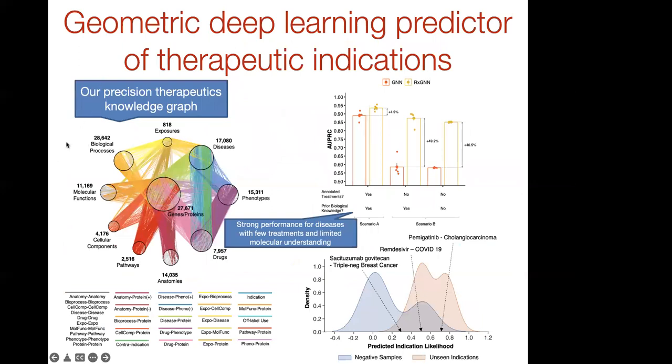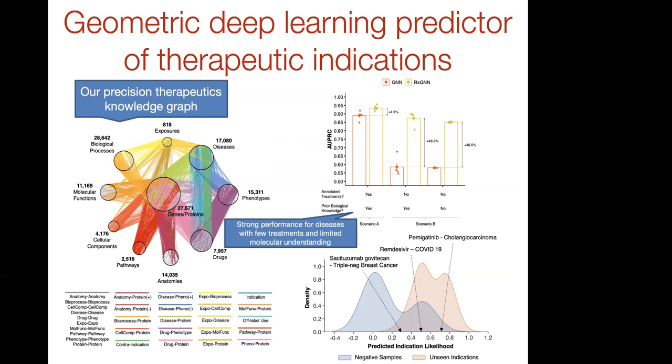And so we created a precision therapeutics knowledge graph, which is a very rich heterogeneous graph that contains information not only about genes and drugs, but about how genes are targeted by drugs, phenotypes that those drugs are associated with, how they relate to diseases, exposure, and then biological processes, functions, and cellular components. And then given that therapeutics knowledge graph, we developed a deep learning predictor that can answer different kinds of queries that I showed on the previous slide.